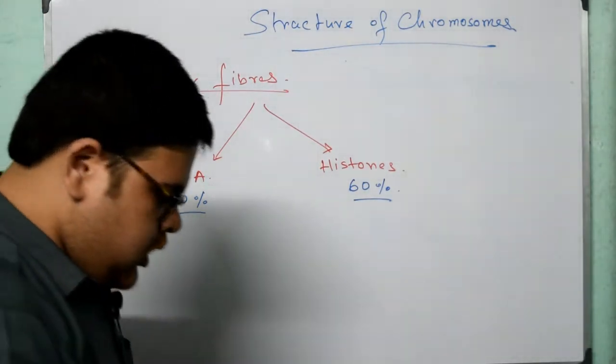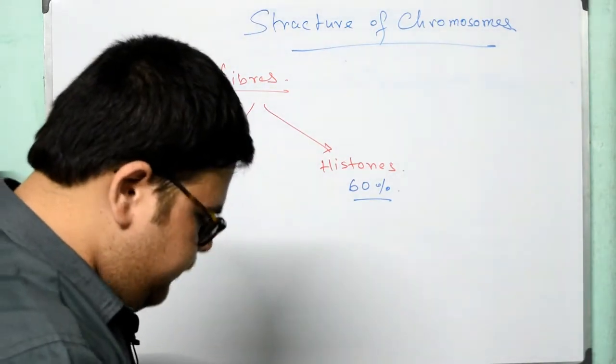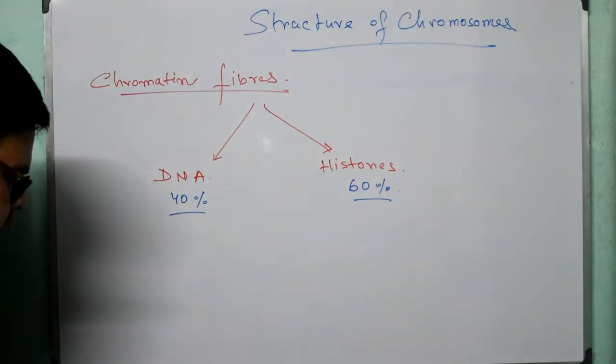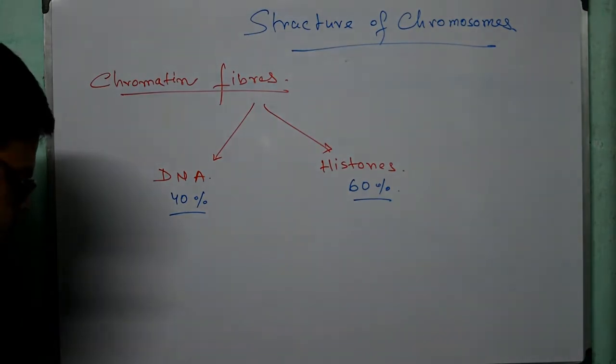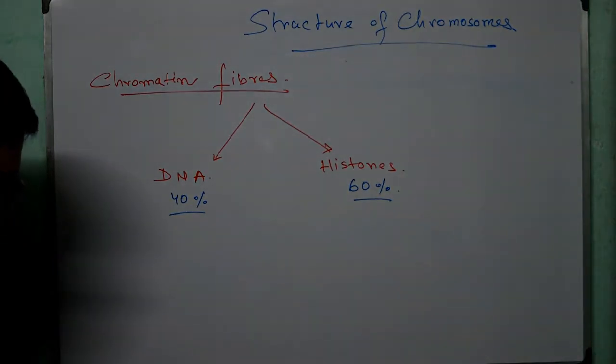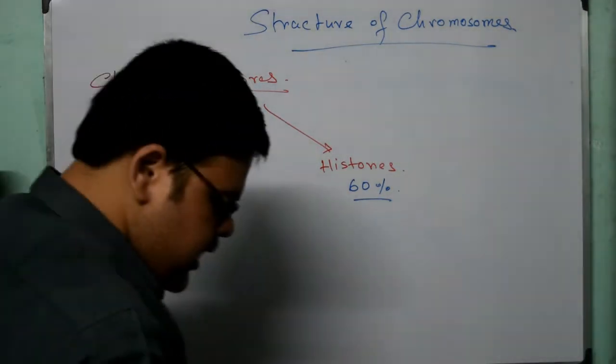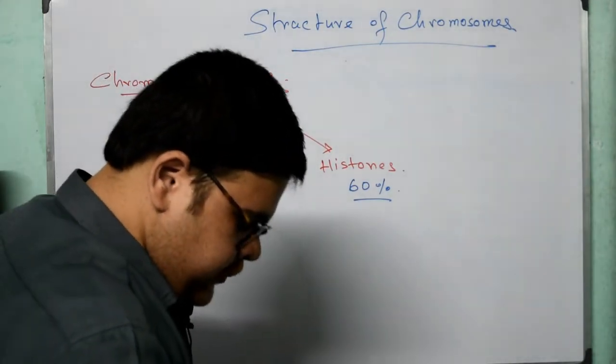Now, the molecular structure of DNA. What is the molecular structure of DNA? You will find it in your book, given as figure number 2.2 on page number 9.